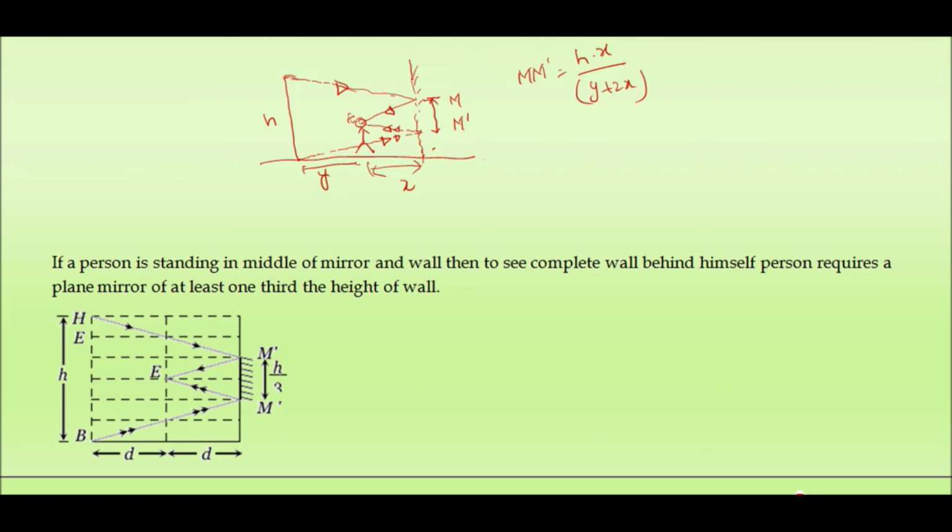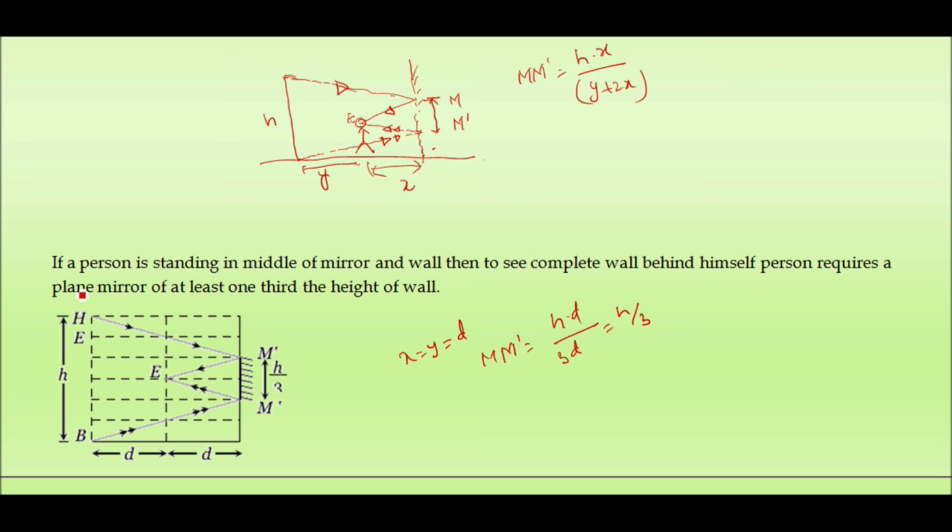Now consider the case if a person is standing in the middle of mirror and wall, then to see the complete wall behind himself, the person requires a plane mirror of at least 1/3 of the height of the wall. That is, in this case you just put x is equal to y is equal to d, and in this way you will get MM dash is equal to h into d divided by 3d. It comes equal to h by 3.